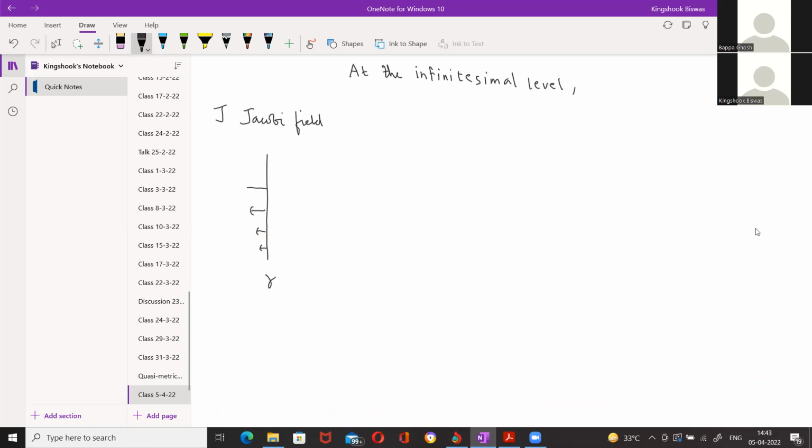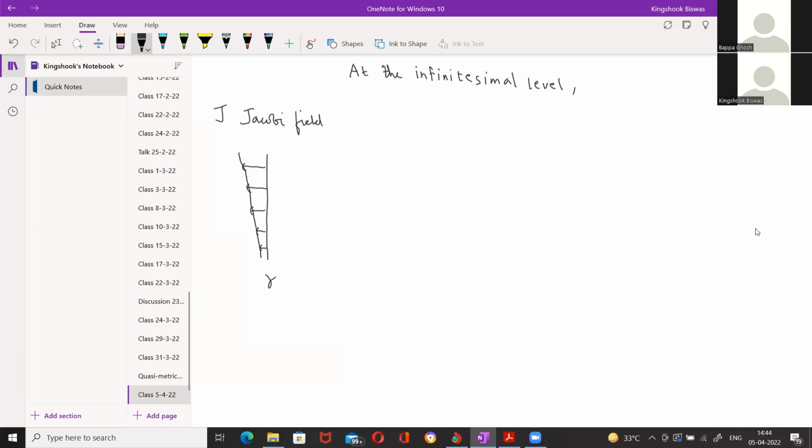And j is an infinitesimal analog of this parametrized surface, in the sense that if I move along j infinitesimally, then I will get a curve which is infinitely close to gamma, which is also a geodesic. So it's an infinitesimal variation of a geodesic to another geodesic.